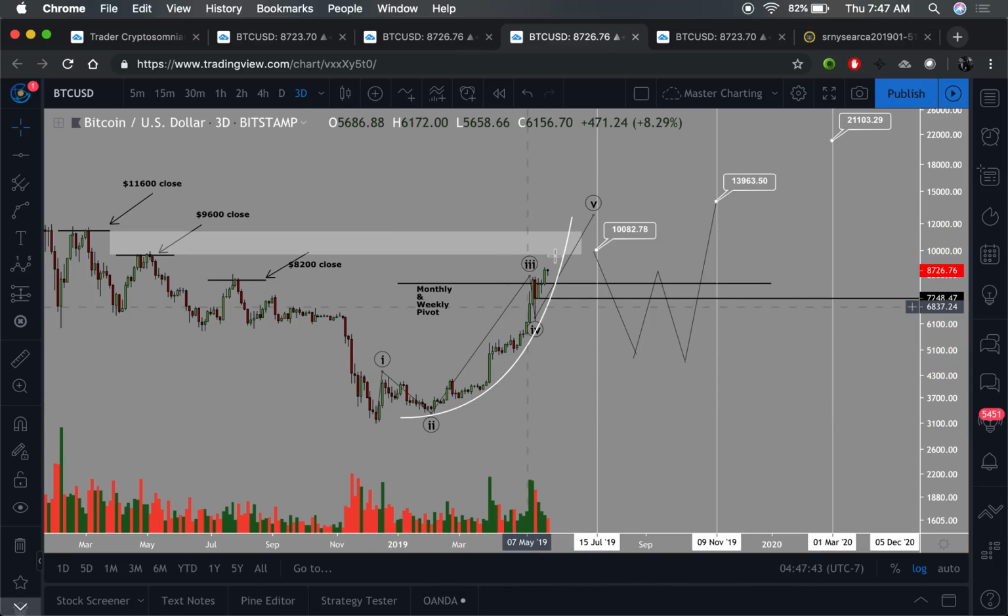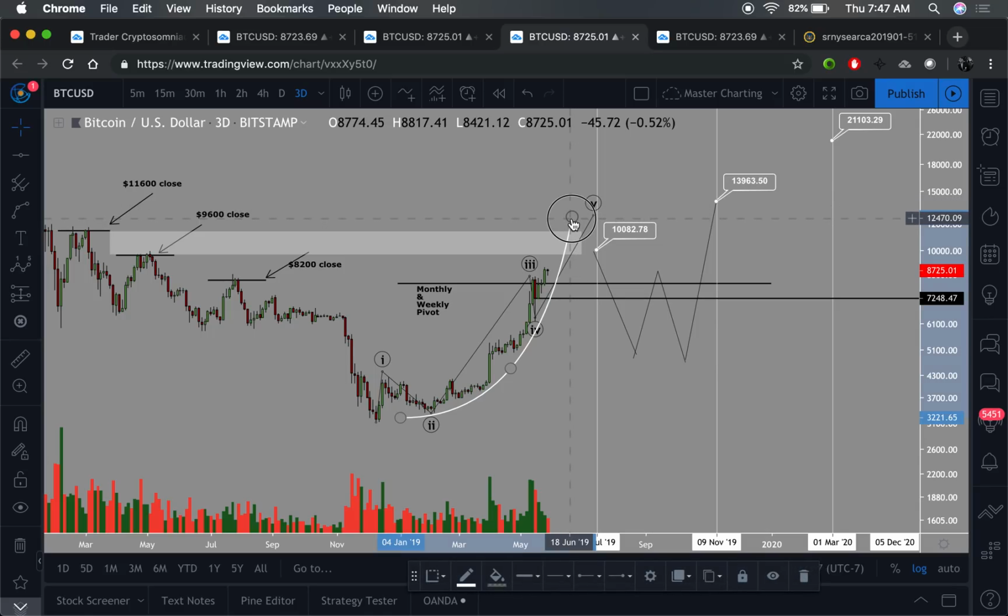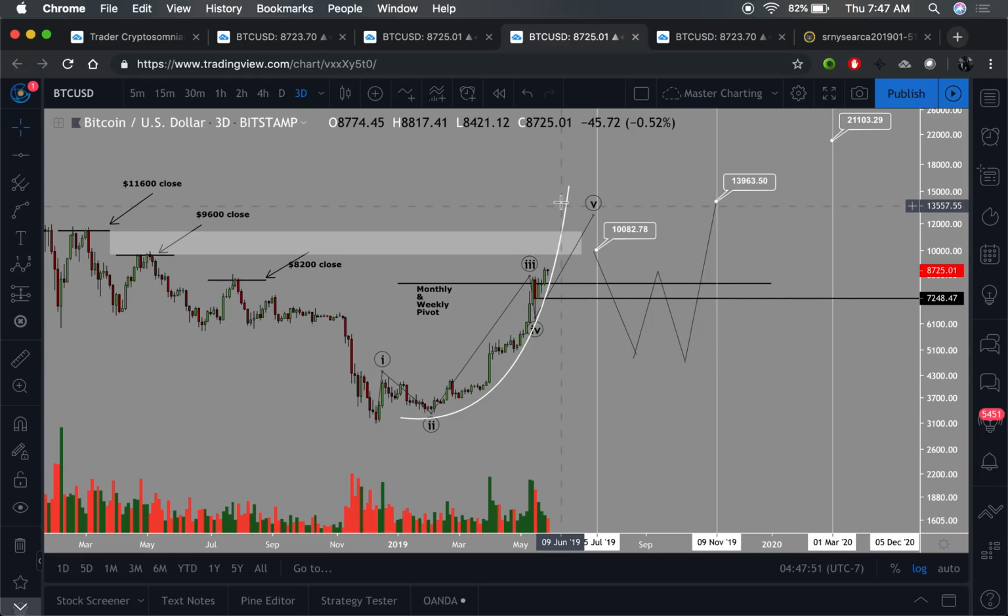Okay, so that's really the big parabolic move right here, and this parabola at some point will just go straight up like this, and prices will hit this top around say 13 or 14,000. My high was really 11,600 or maybe 12,000 at the highest. That might be really the end point of the FOMO.